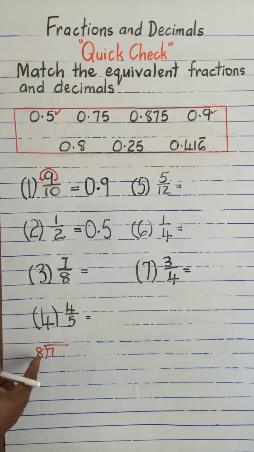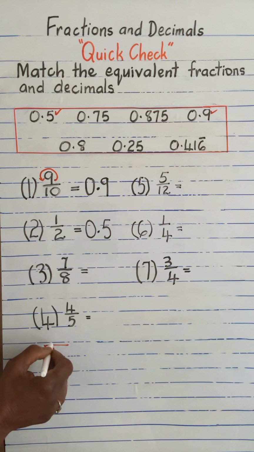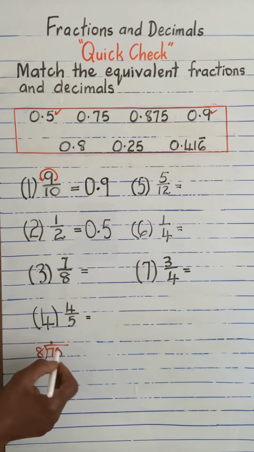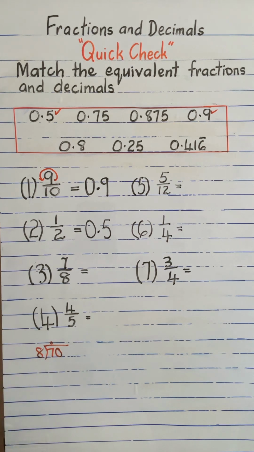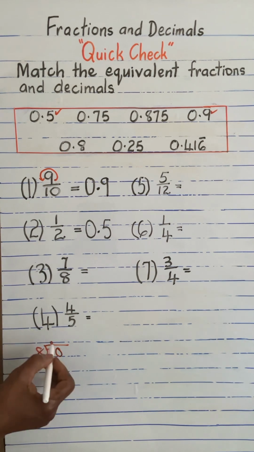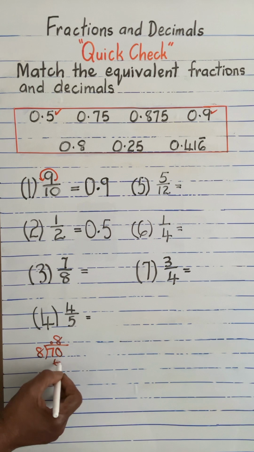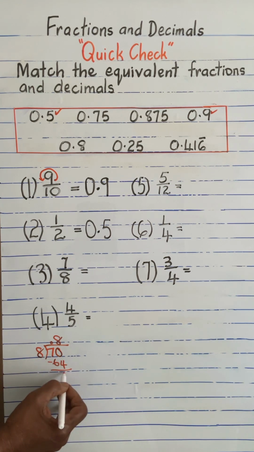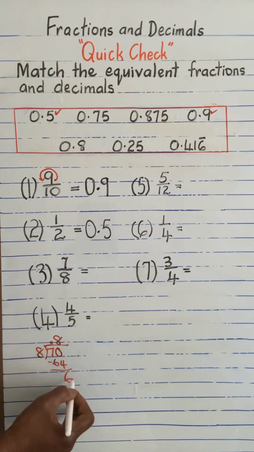How many times can 8 go into 7? It's no time, so we put a point and we add a 0. How many times can 8 go into 70? And that is 8 times. We multiply 8 times 8, 64. We subtract, and we are going to get 6. We add a 0.